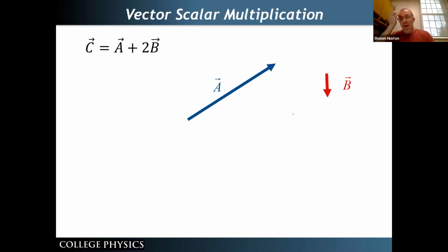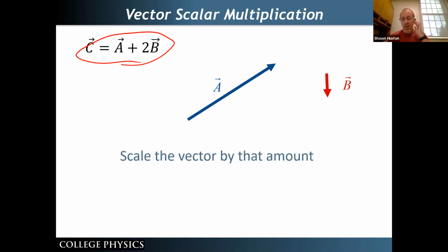All right. What happens if I've got something like this, where it looks like I've got a scalar multiple of a vector? Well, this works exactly the way you might think. I just double B's size. There's 2B. Or is it not 2B? I guess that's the question.